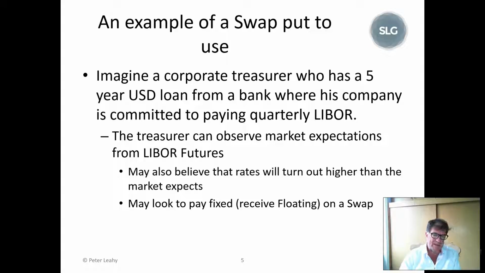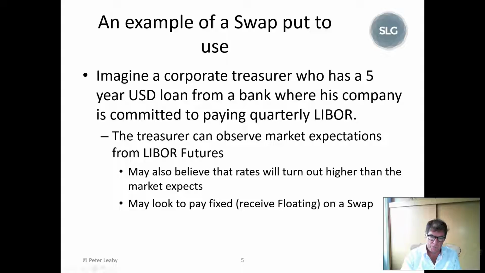If that were the case, then the corporate treasurer may well be interested in paying fixed, so locking in a fixed rate and receiving floating. In fact, if they keep their loan as it is, they'll be paying LIBOR, and often what they'll do is keep their loan, leave the loan untouched and transact a swap, so that the swap, when taken together with the loan, now reflects better their changed outlook or expectation on interest rates.